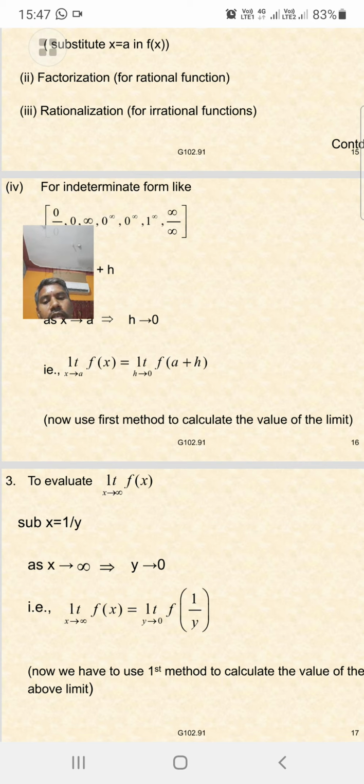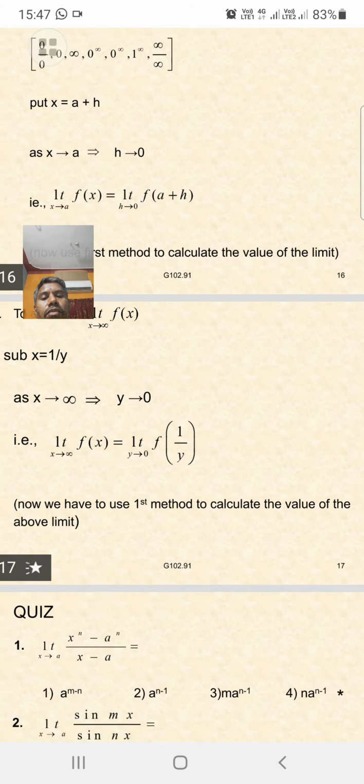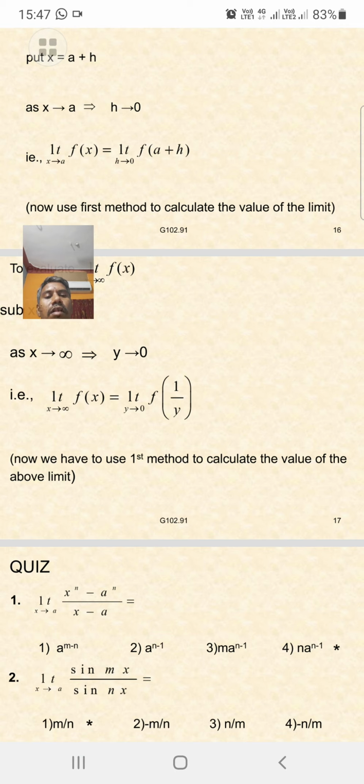That is, limit x tends to infinity, f of x equals limit y tends to 0, f of 1 by y. Now we use the first method to calculate the value of the above limit. So whenever we are going to find the values of the limits for given functions, we have to follow these methods.